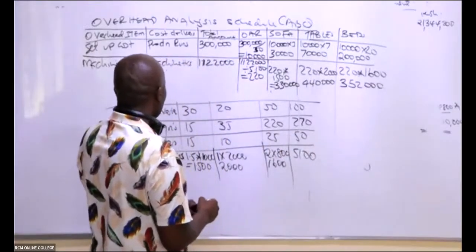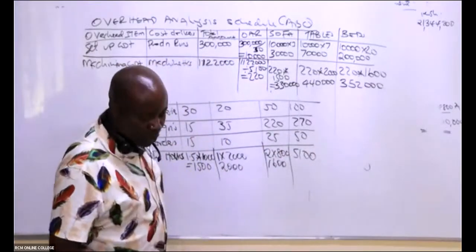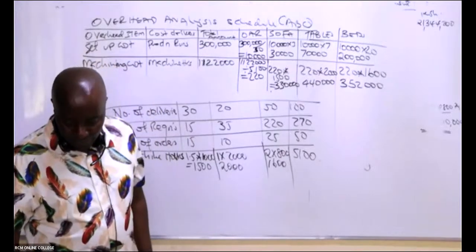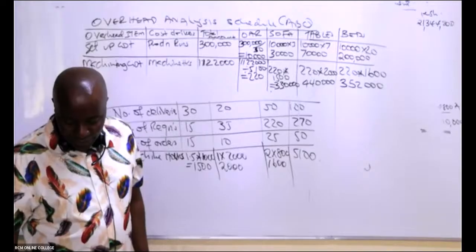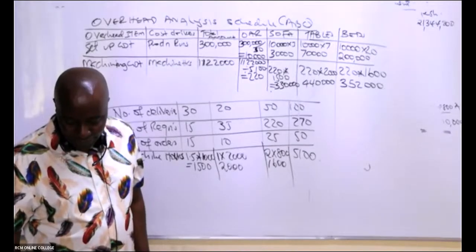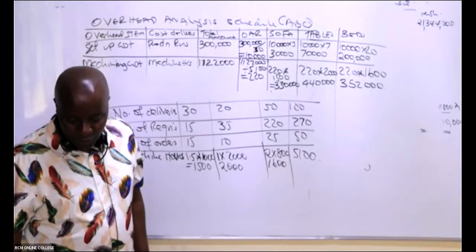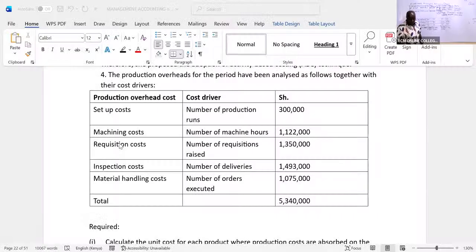So after that, the next one, ladies and gentlemen, is known as what here? Requisition cost. Please go ahead and do the entries for me. So you can see we have requisition costs.